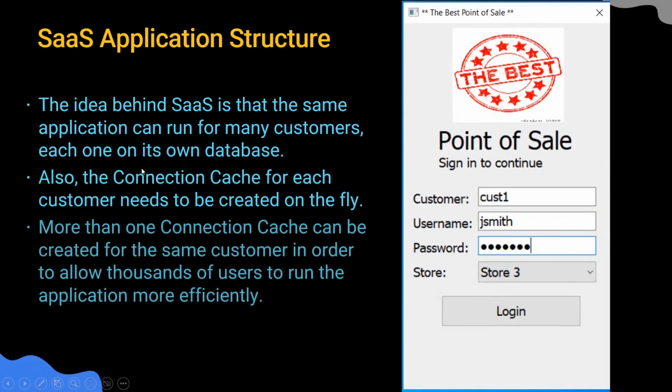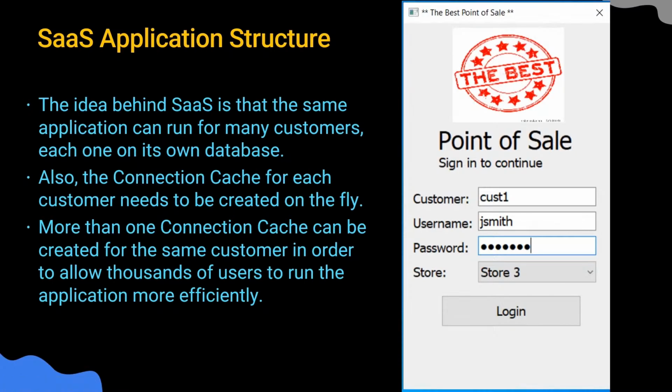Okay, the SaaS application structure. The idea behind software as a service is that the same application can run for many customers, each one on its own database. Also, the connection cache for each customer needs to be created on the fly, because when you create your application, maybe you have 5 customers, but you are going to keep adding new customers, so you don't want to be deploying the application each time you have a new customer.